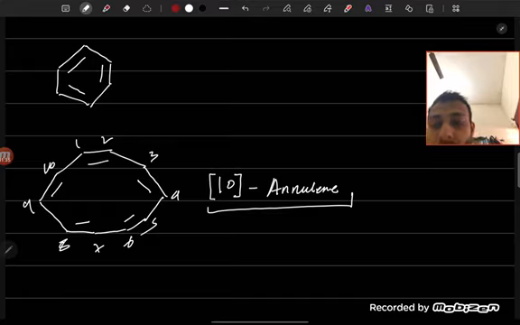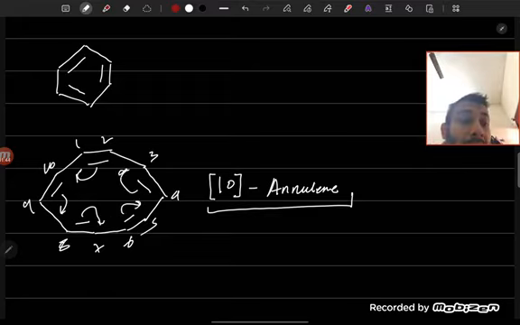Okay, so it also has alternate sigma and pi bonds, and these pi electrons can circulate in the whole ring. But the problem here is the planarity of that compound, the compound is so huge that it cannot lie in a single plane.